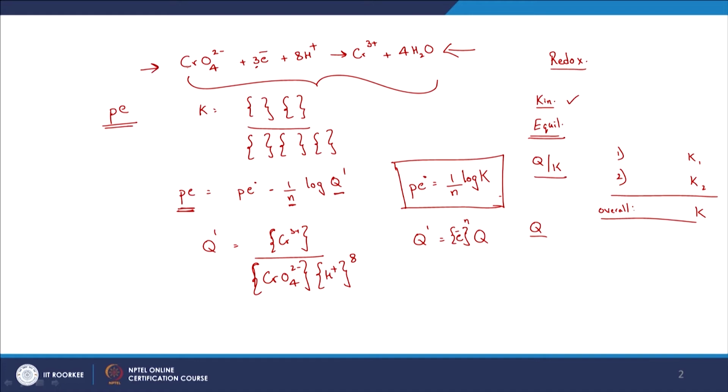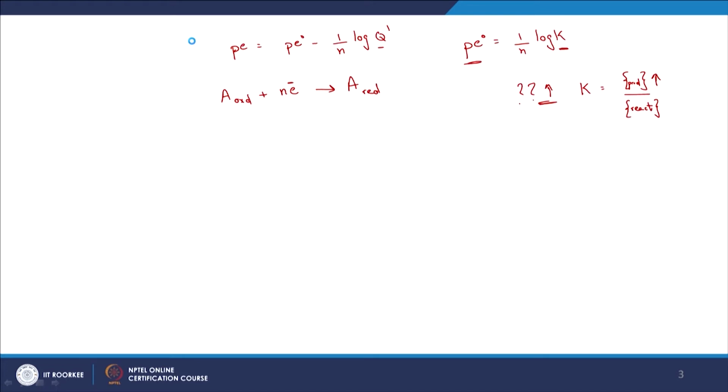Chromium in its oxidation state 6, CrO4 2 minus, 6 to 3, is taking in electrons. So it is in the 6 oxidation state taking in 3 electrons, and thus the oxidation state of chromium is reducing to 3. So that is what you see here, right. Again the generic form is nothing but A oxidized plus the number of electrons being accepted going to the reduced form of the relevant compound, right.